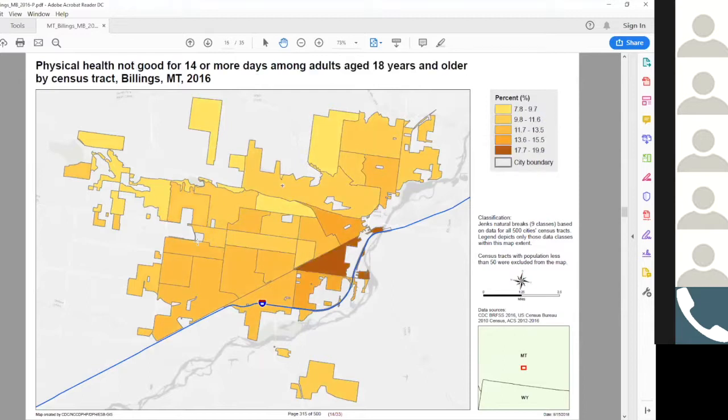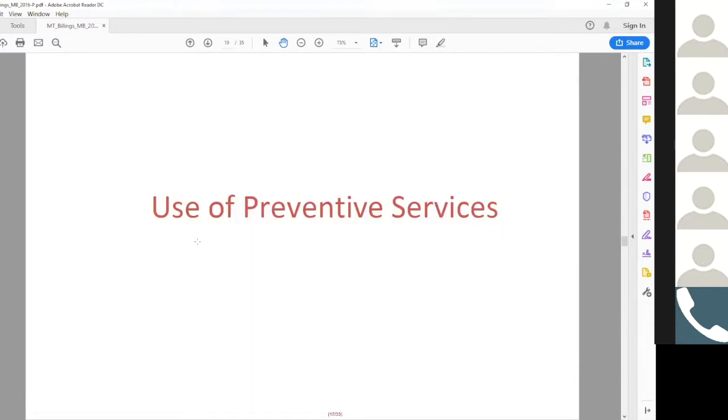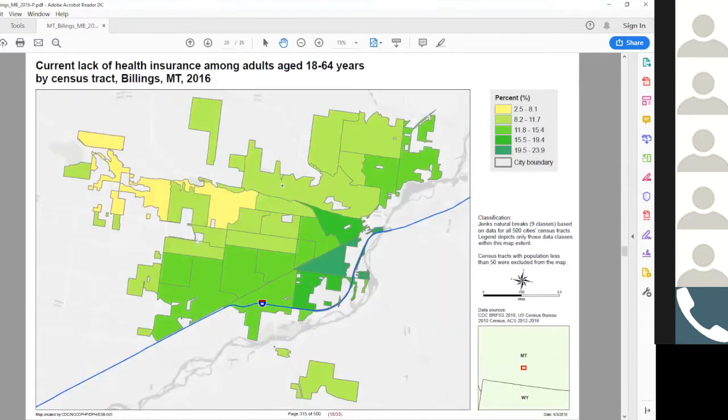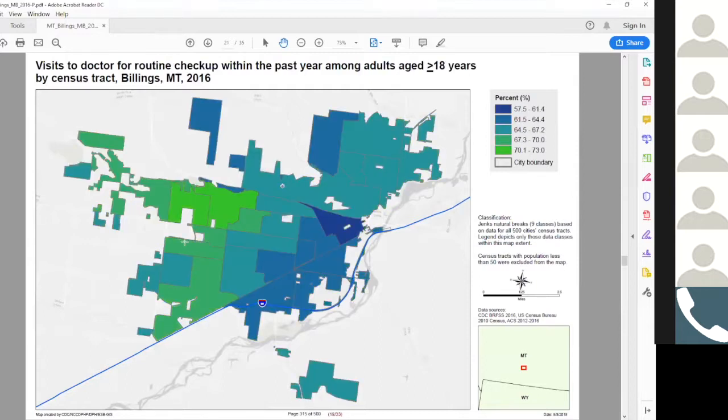And then they also, of course, get into other things like preventive services, lack of health insurance among adults, access or frequency of preventive services. So lots of different data are available through that.